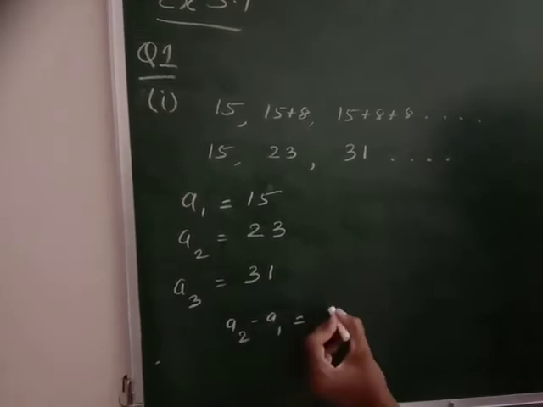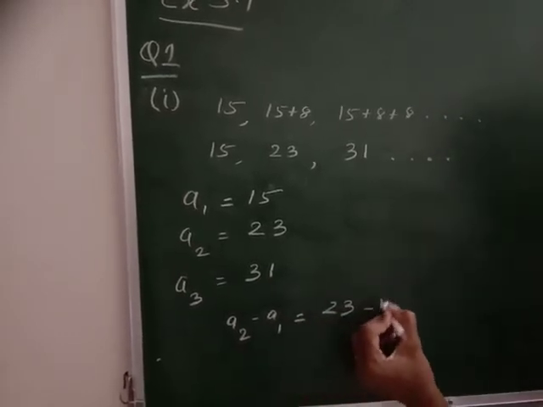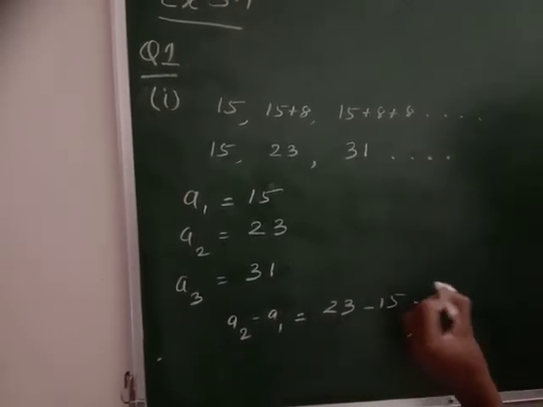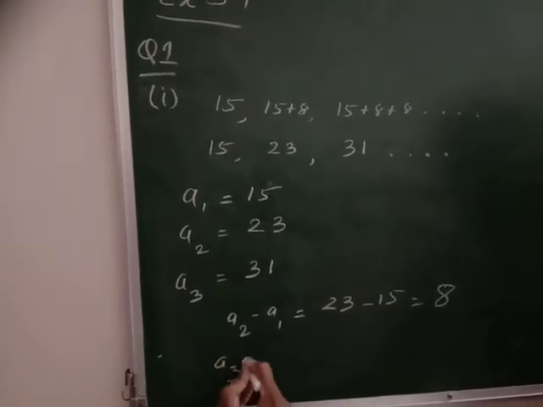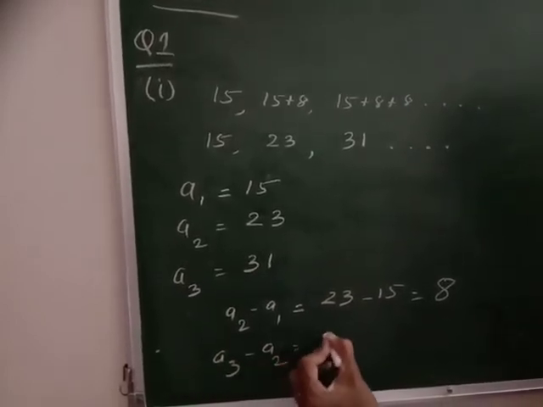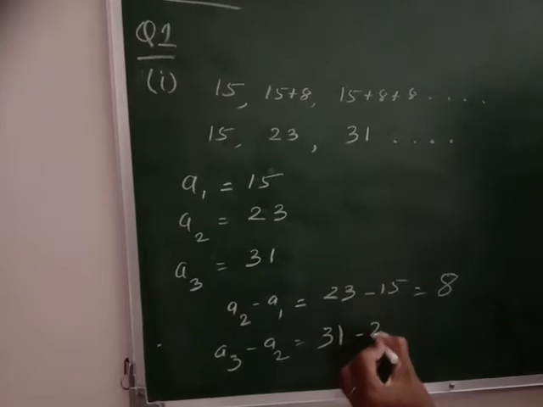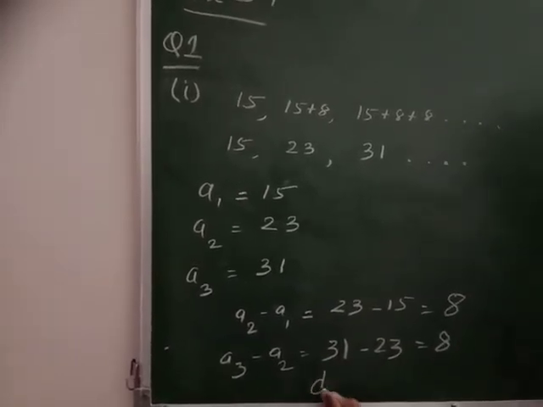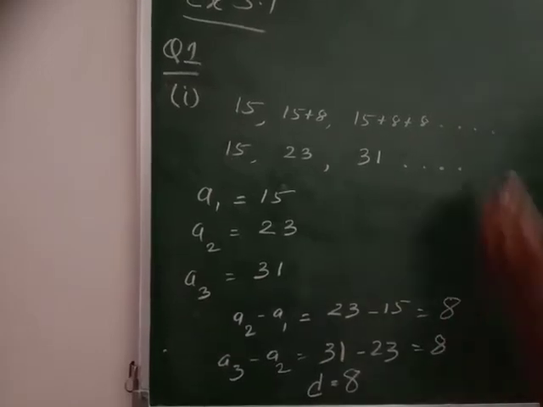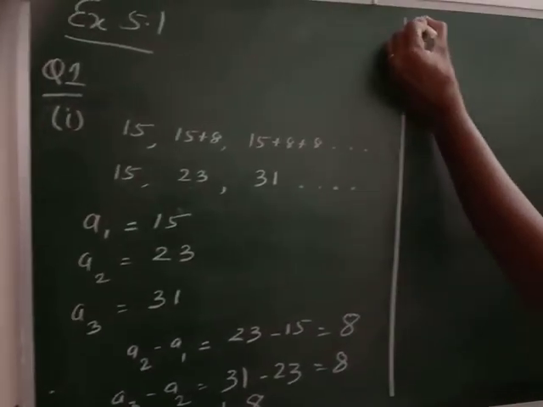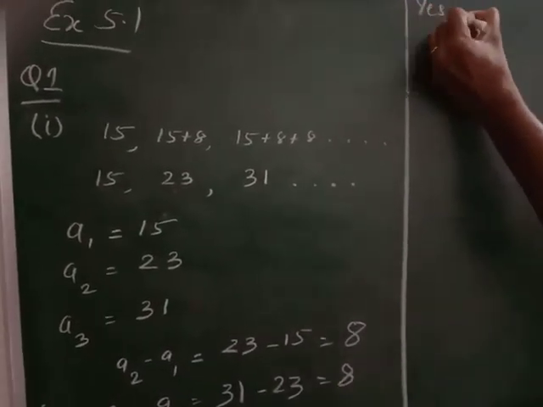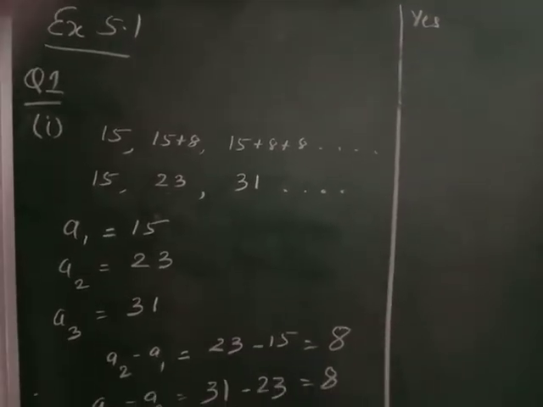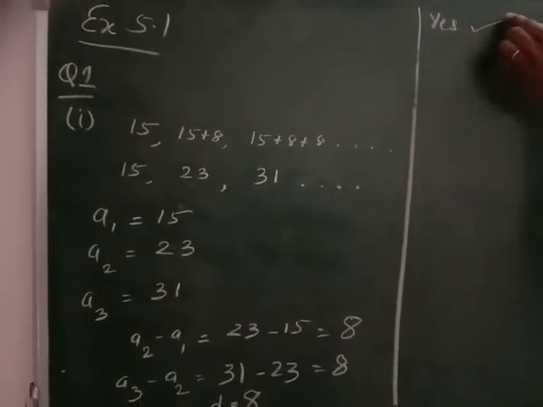I am getting 23 minus 15, which is 8. A3 minus A2, that is 31 minus 23, that is also 8. So my common difference is 8. So yes, it represents the AP. So the answer of first is yes.